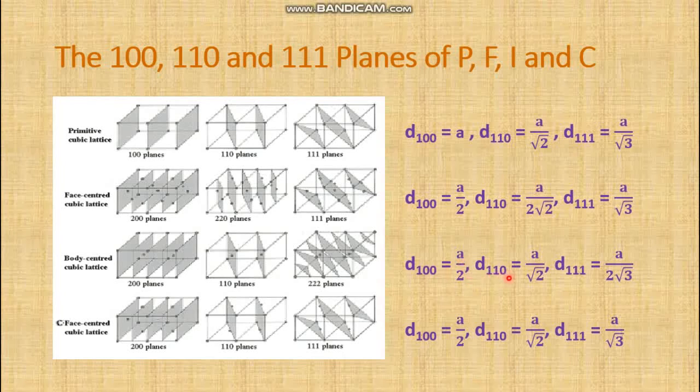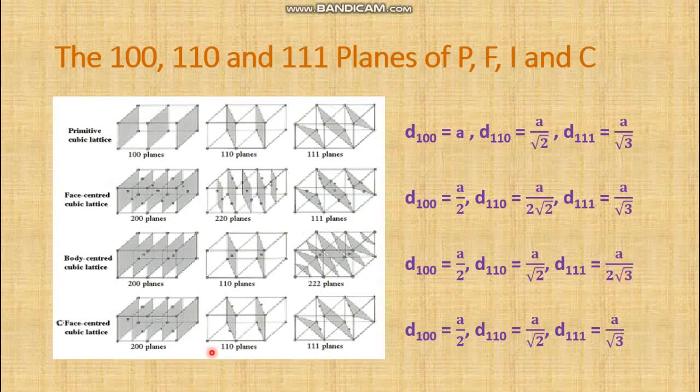For d110, it remains unchanged, so look here, a by root 2, here also a by root 2. But the d111 becomes d222. So the interplanar distance should be a by root over 2 square plus 2 square plus 2 square, that means root over 12, that means 2 root 3. Okay, so that is why it is a by 2 root 3.